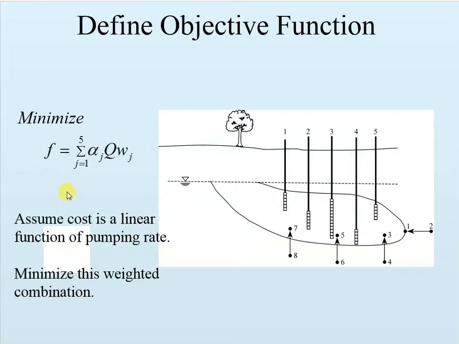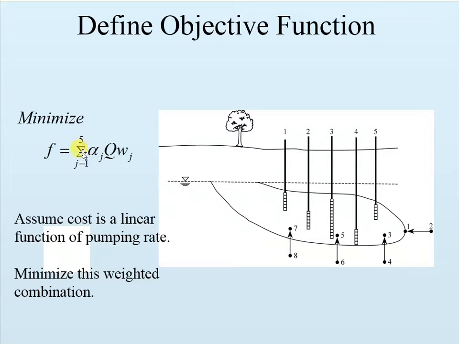I need an objective function. The intention is to minimize cost, and an often reasonable approximation for that is to simply minimize pumping, assuming that pumping costs themselves and also treatment costs are proportional to the total flow removed from the subsurface.